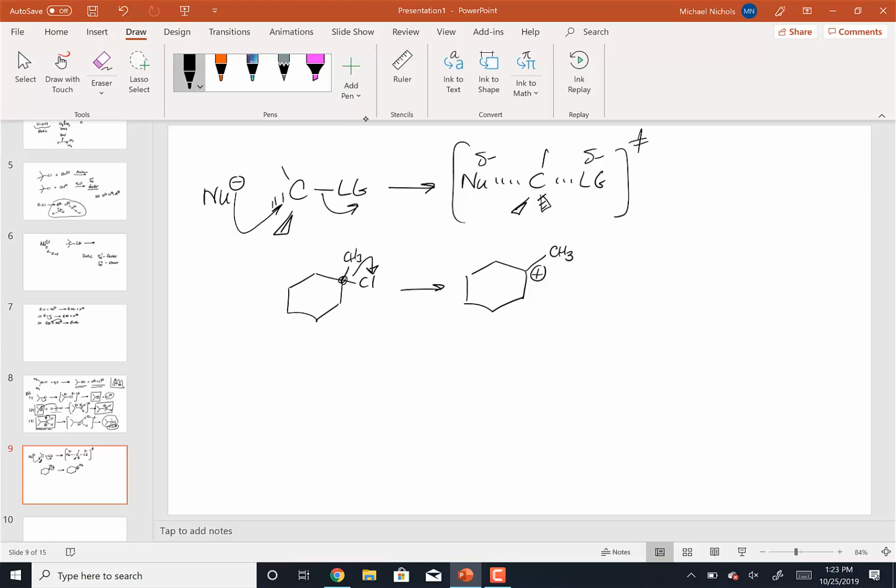So in terms of starting out, is it SN1? Is it SN2? For the problems for Monday, the first one is SN2, and the second one is SN1. We know the second one is SN1 because it's a tertiary halide, and tertiary halides can only undergo SN1.